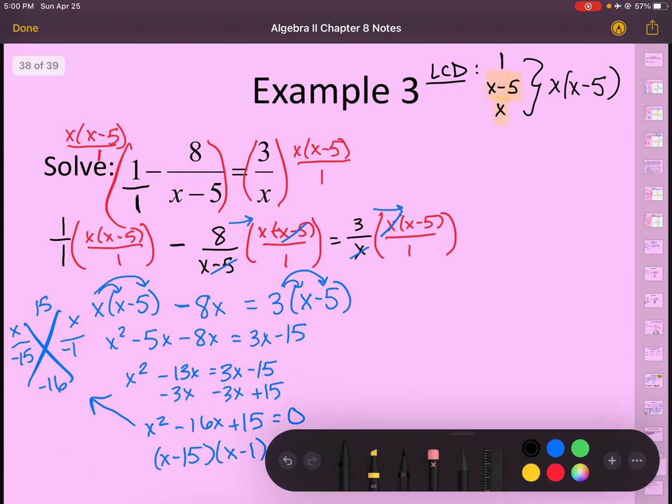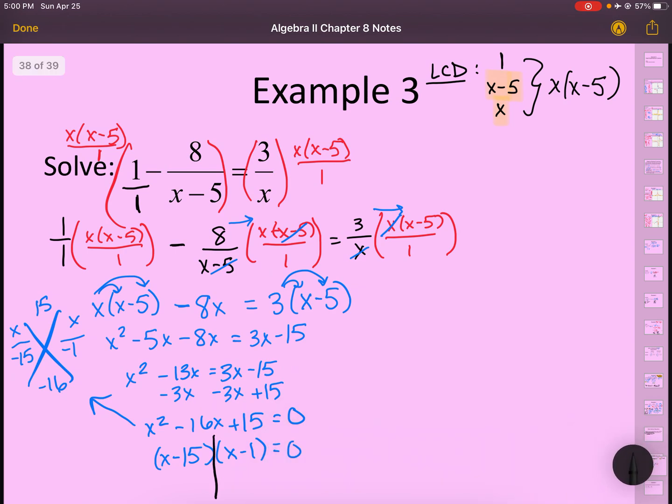And remember that we split and solve these to solve for our x values. So x minus 15 equals 0. If we add 15, x is 15. And then on this one, we add 1 to both sides, x is 1.